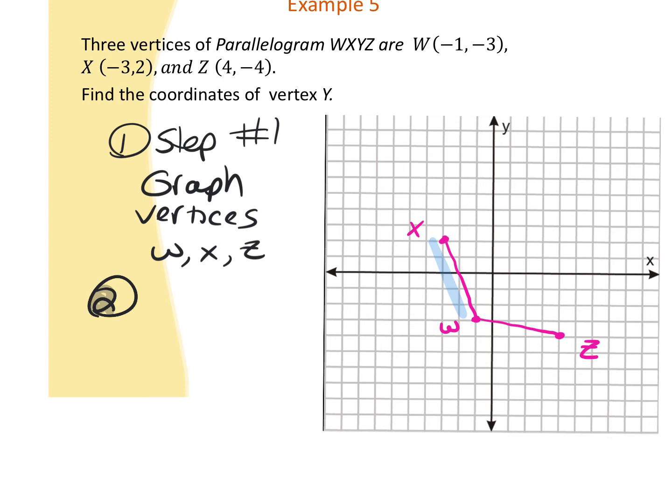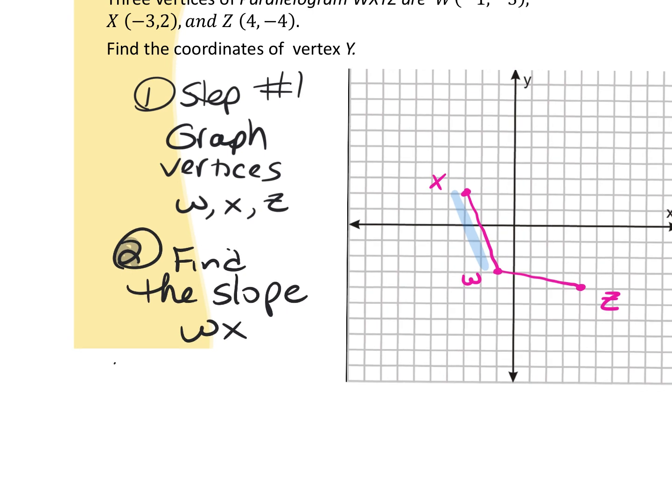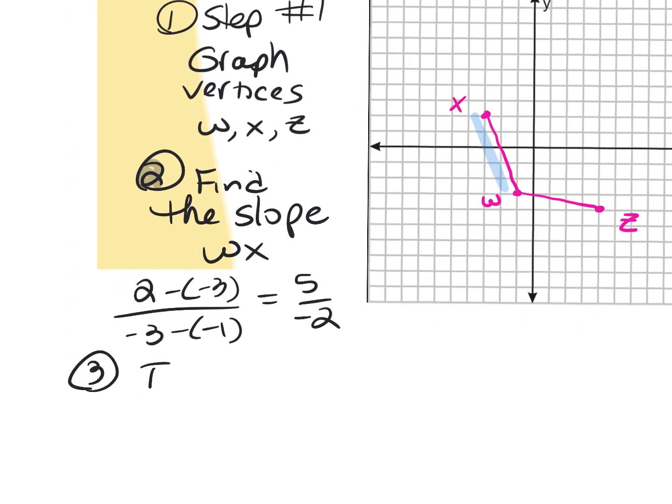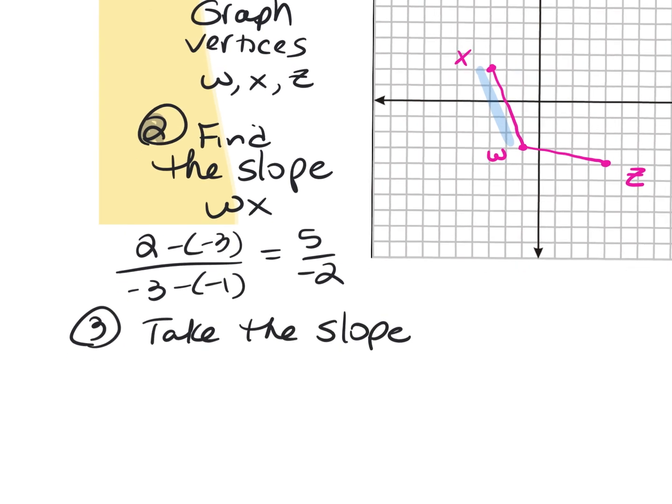So I need to find the slope of WX. And again, I could count the rise and the run, but I'm going to go ahead and do the slope formula. Y2 minus Y1 over X2 minus X1, and I get 5 over -2. Now for step 3, I'm going to take the slope, and remember, slope is rise over run.